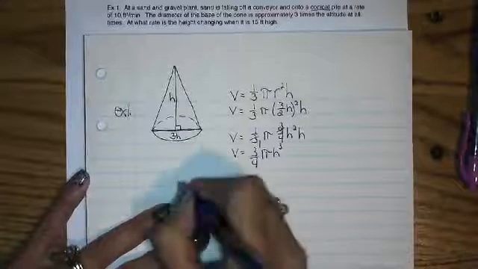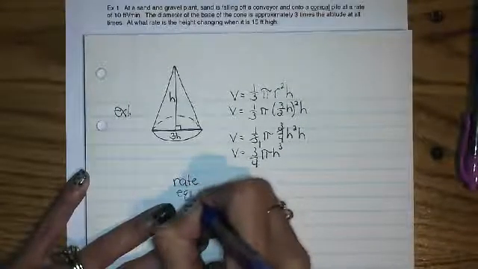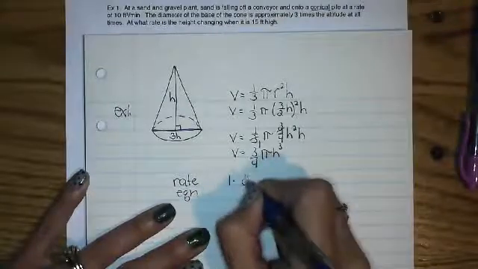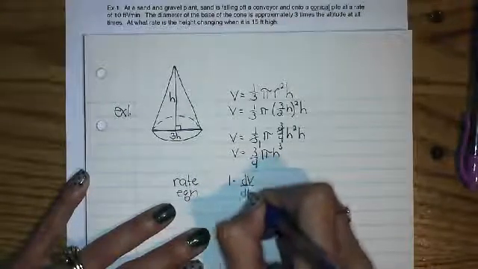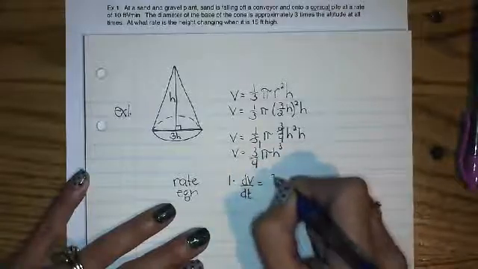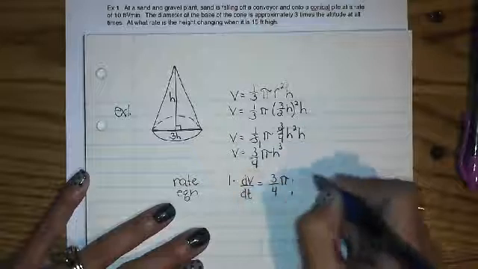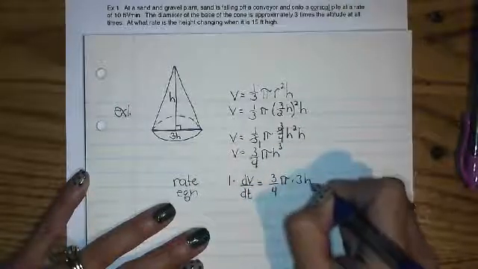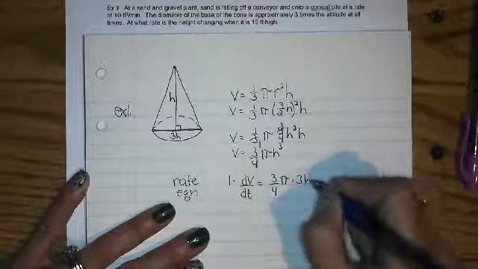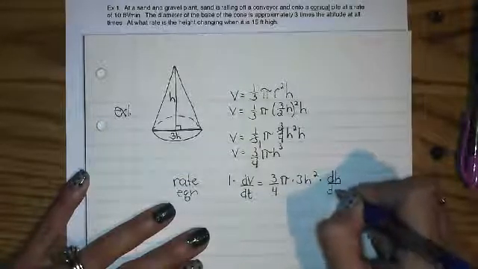And now I'm ready for the rate equation with respect to time. So that means the derivative of v is a 1 times dv dt. This is a constant, it carries along. So that's 3/4 pi times 3h squared times the derivative of the height with respect to time.